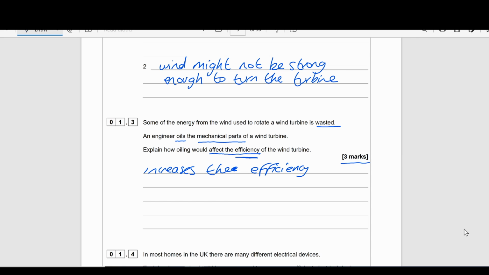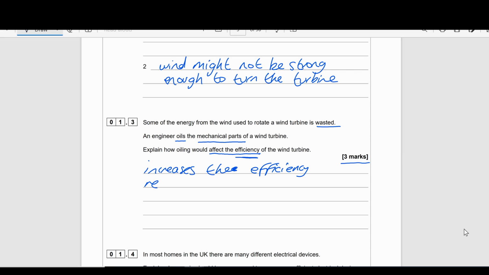But how is oiling going to increase the efficiency? Well, with these mechanical parts, they're going to be turning, and they're going to be probably touching each other while they're turning. Every time that happens, there's going to be friction which is going to be applied to these parts, and that friction creates heat, and then that heat, that thermal energy, is not going to be useful.